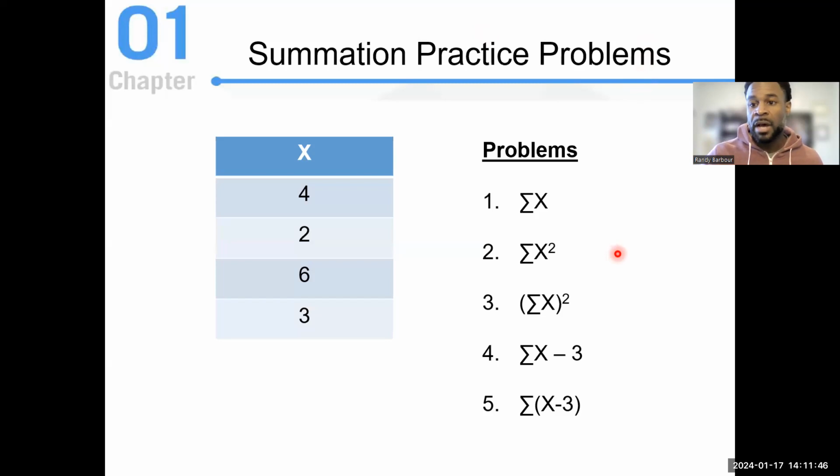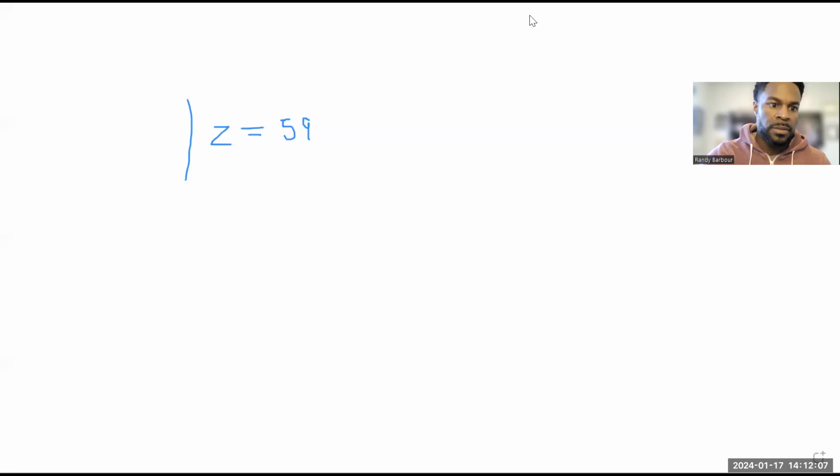Pause the video, write these down. I'm going to switch over to my whiteboard real quick, and then I'll solve these out for you. The solution will be on the next page. Let me erase this first, and then we'll start.